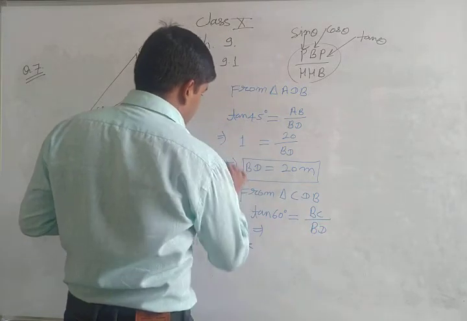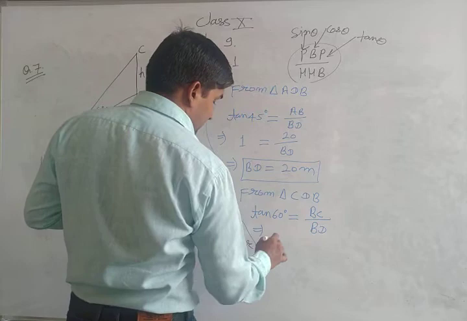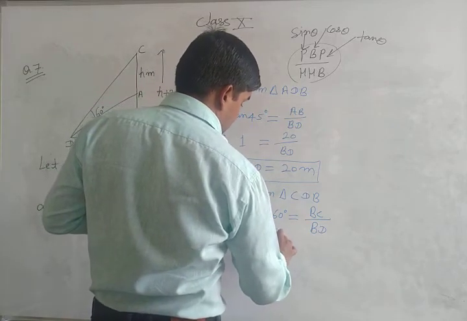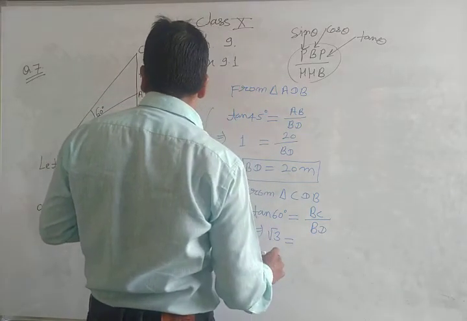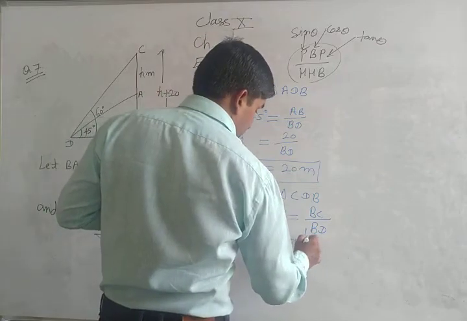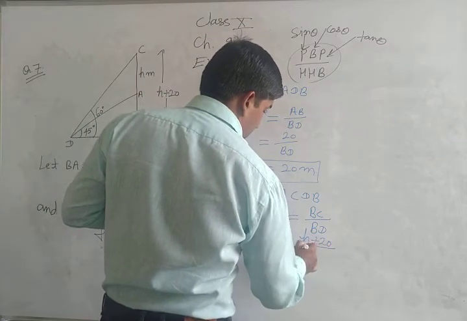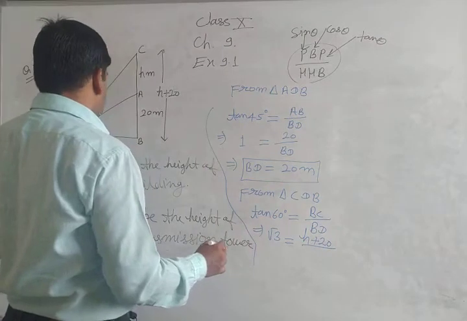Clear? Value of tan 60 is √3 equals BC, BC equals h plus 20 upon BD.